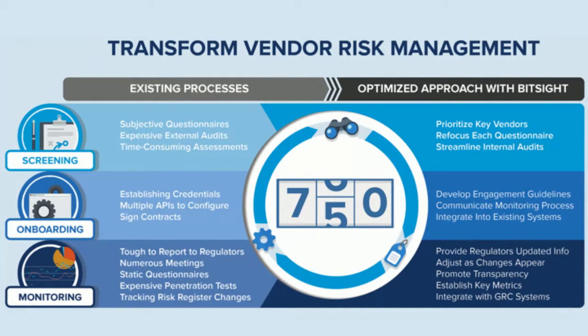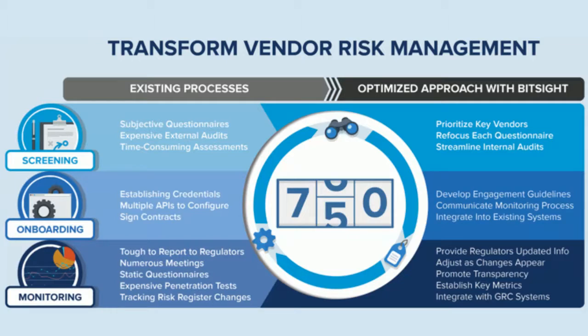And then on the right side, you see some of the things that BitSight can do for you in terms of streamlining those processes that you see on the left, and to make sure that your vendor risk management program is as comprehensive as possible, because we've heard over and over again from different people in the industry that they have limited resources, in terms of manpower, money, and time, to do vendor risk management at scale.